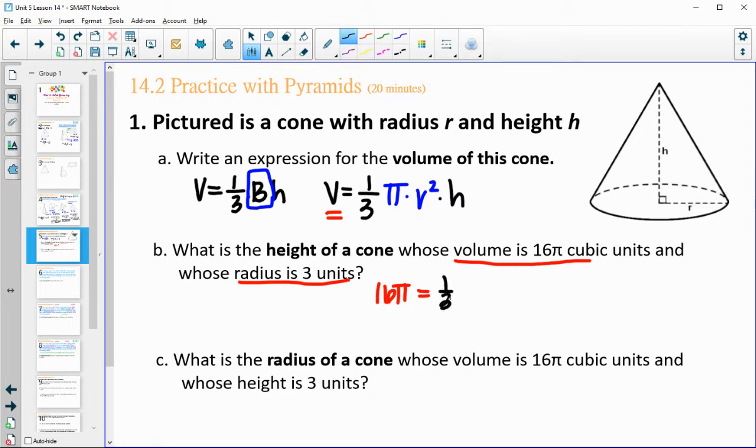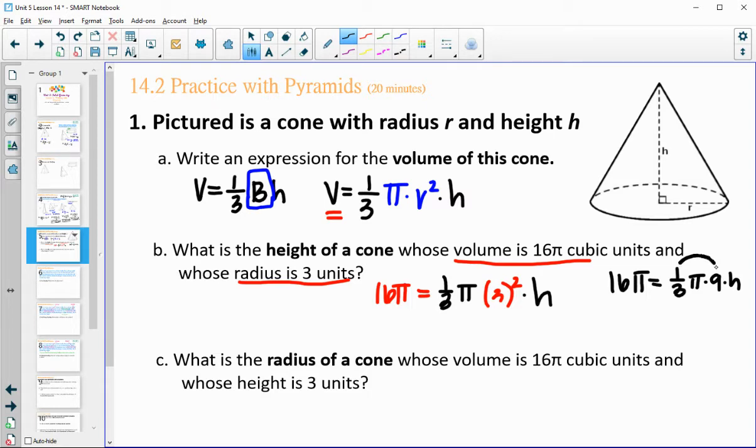We have 1/3 pi, and then now we have the radius squared, so we have 3 squared, and then times h. So I just substituted in what I knew. So now we can simplify. I'll just rewrite 16 pi equals 1/3 pi times 9 times h. So I just multiplied the r squared.